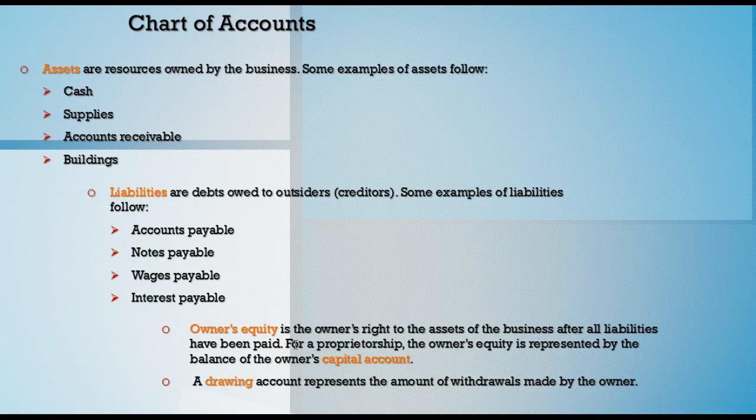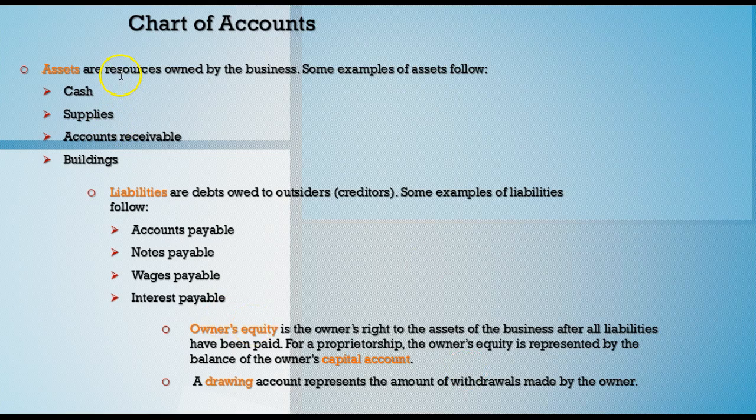Very much like buying a house. You will have a mortgage minus the interest, gives you the principal, and then how much the house is worth. So if the house is worth $200,000 and you only owe $100,000 on it, you have equity of $100,000 built in. Well, that's kind of what owner's equity is.